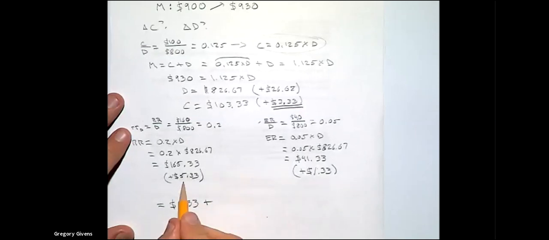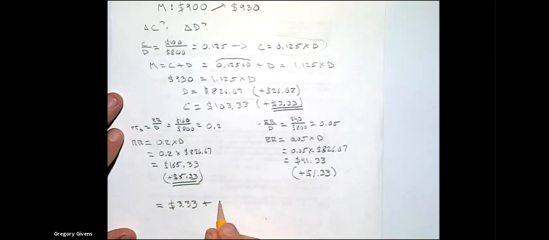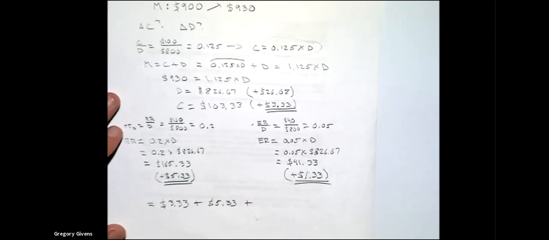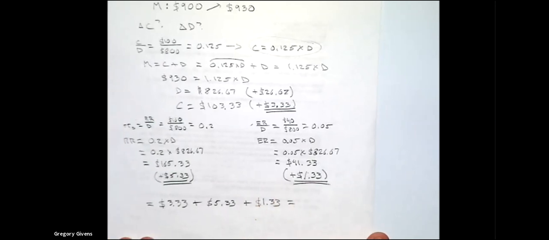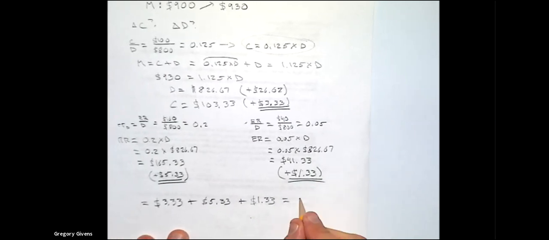Look what happens when I add together the extra currency plus the extra required reserves plus the new excess reserves. What do I get? 3 1/3 plus 5 1/3 and 1 1/3 should give me 10 billion.